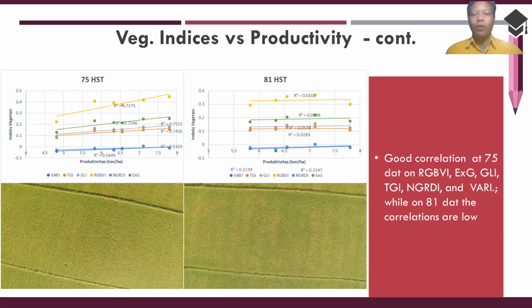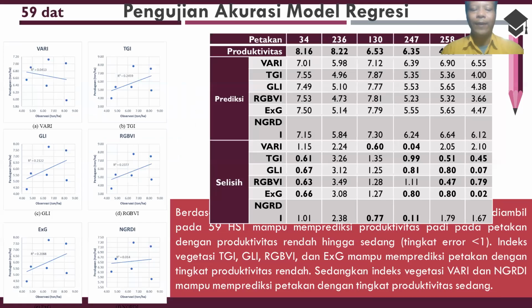At this crop age, all of the 6 crop indices show a very good correlation with the measured rice productivity.